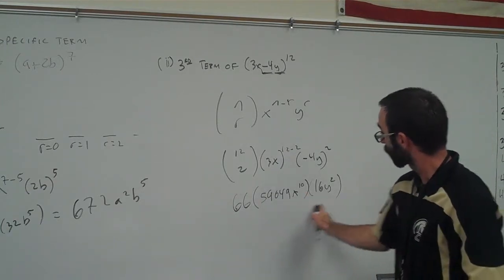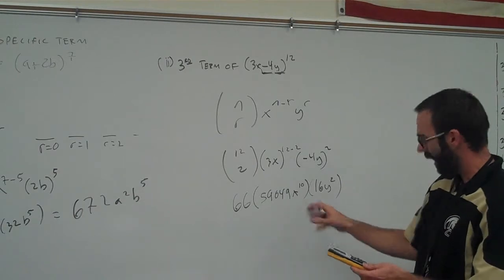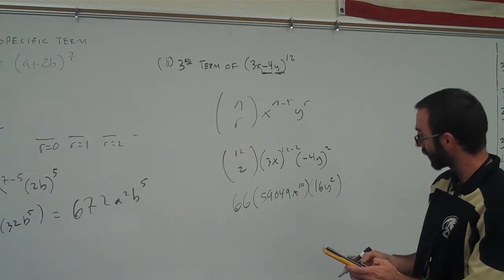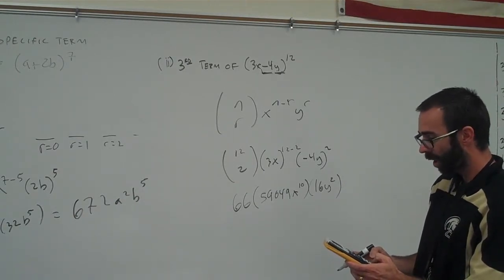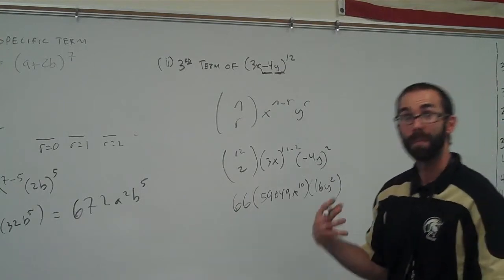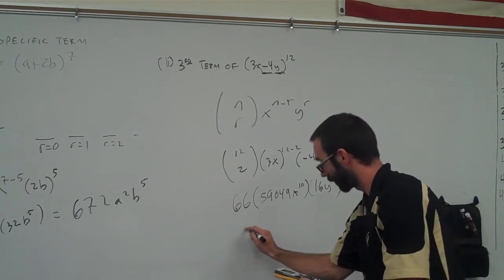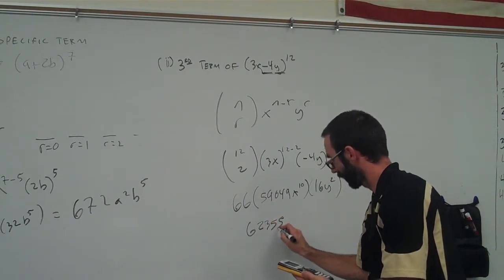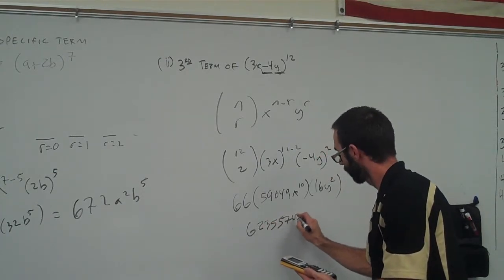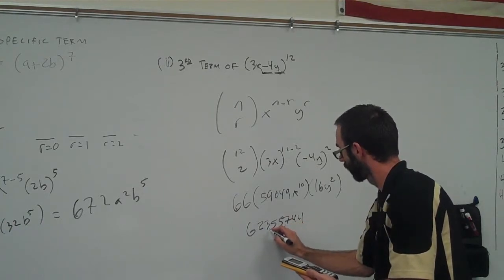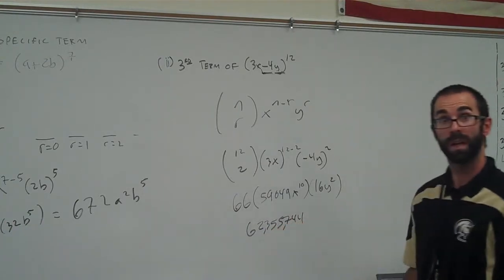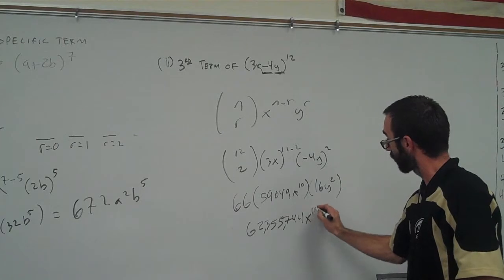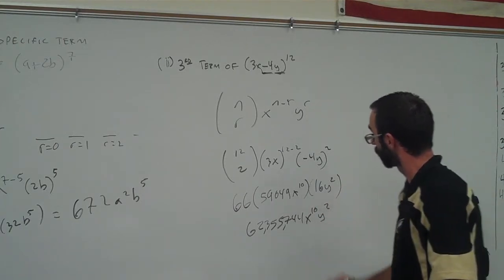So let's multiply this all out: 59,049 times 16, times 66. We're up in the millions. That gives us about 62 million x to the power of 10, y to the power of 2.